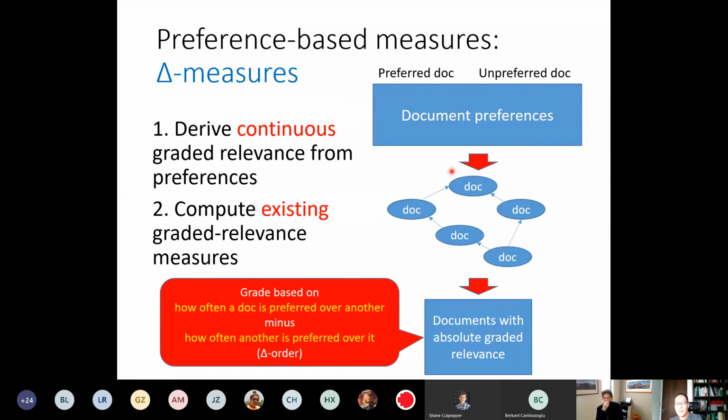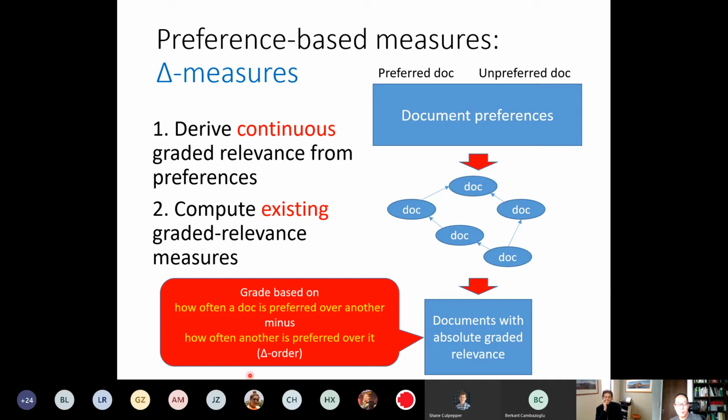From this, you can create a partially ordered graph, right? So each edge represents a preference. And there could be ways to convert this graph into a linear list of graded relevance documents.